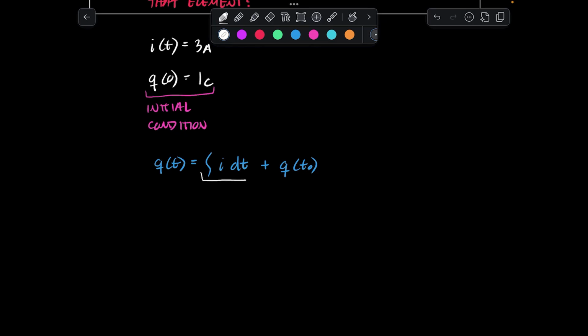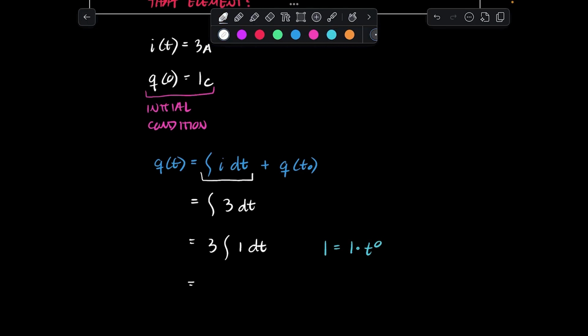And so let's solve for this first. That's going to be the integral of 3, as we can see here, times dt. You can pull out the constant 3. We know that 1 is equivalent to 1 times t to the power of 0.